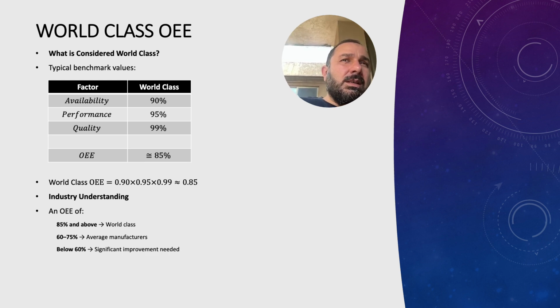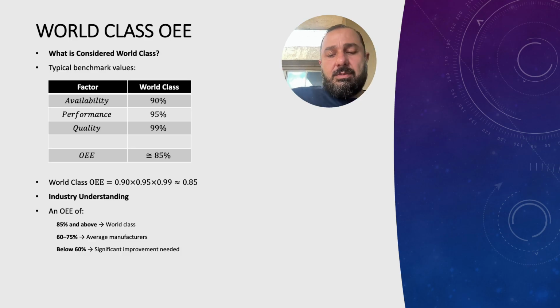That gives 85% OEE. It means that if you are at 85%, you are world class. If you are between 60 and 75%, you are at average manufacturing. And if you are below 60%, it means you really need to improve your manufacturing processes.